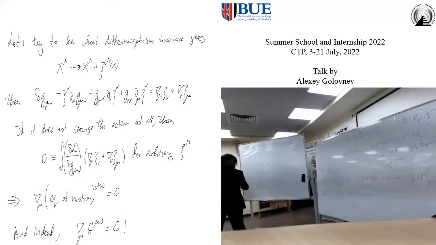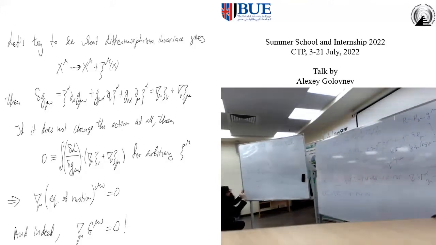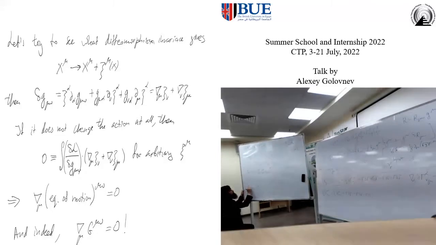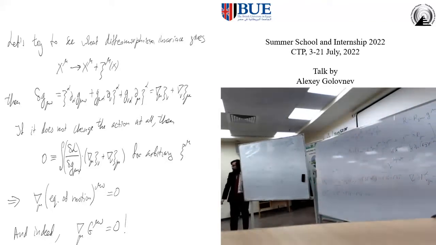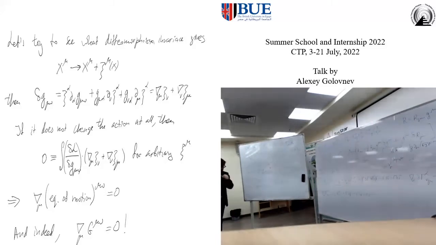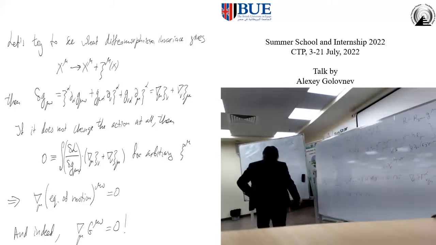So basically I can say that g'_μν at x' is the same as g'_μν at x plus ψ^α ∂_α g_μν, right? Just because I changed the position of the index.